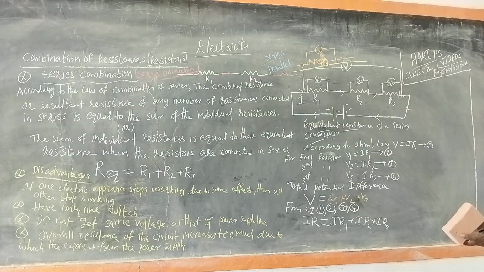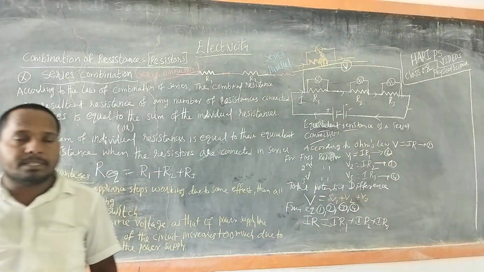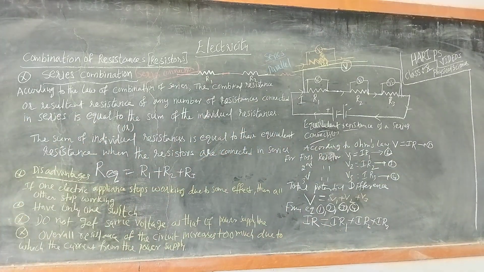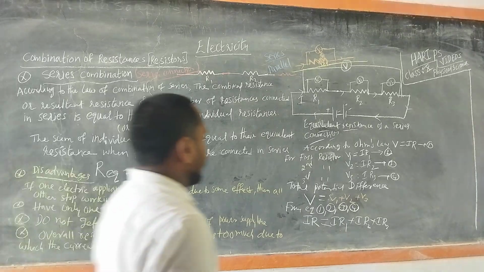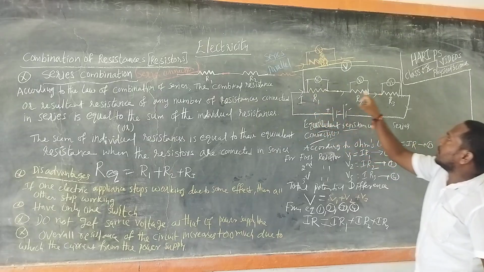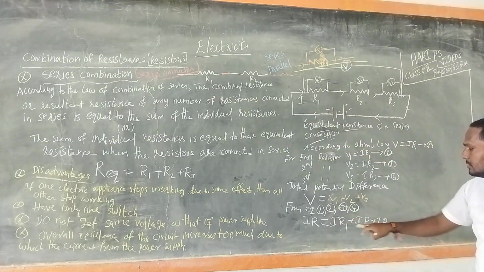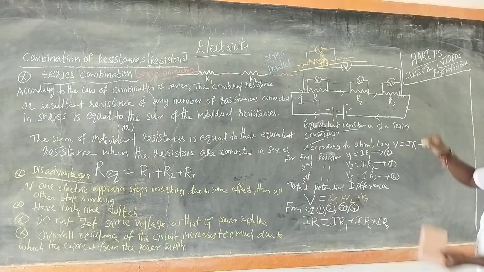So from here you can write, I is the common, current is the same. In a series connection there is only one path of electric current, so current is same. So from this we can take it common.